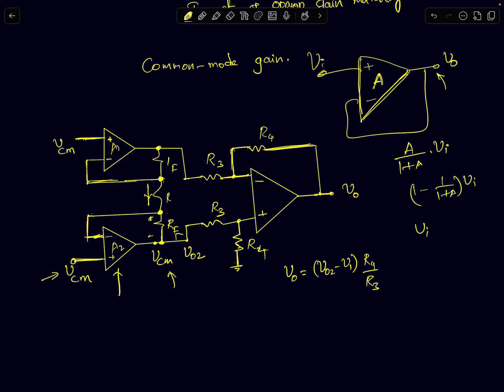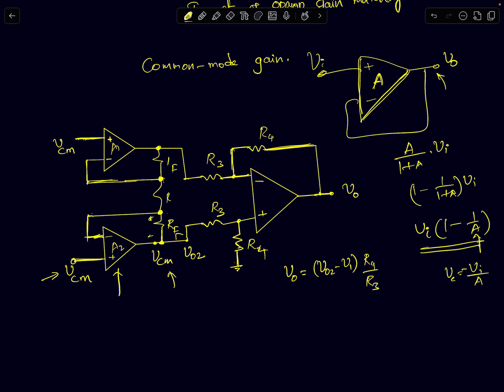Since A is generally much greater than 1, I can approximate this as Vi into 1 minus 1 by A. This means the output voltage is equal to the input voltage minus a small factor. Vi minus Vi by A will be your error factor. It will not exactly be equal to the input voltage; it will be slightly lower than that. We will use this result to do the analysis here.